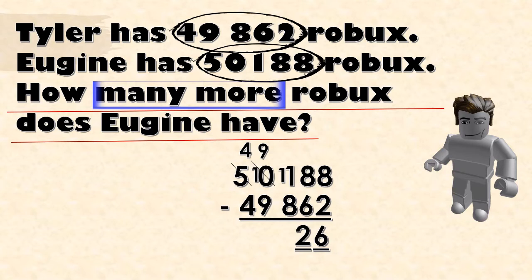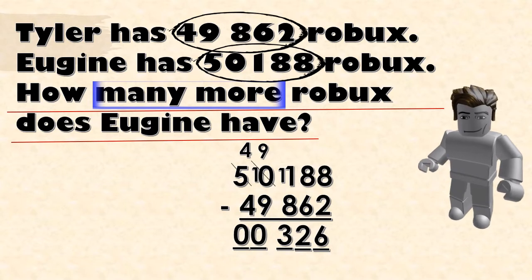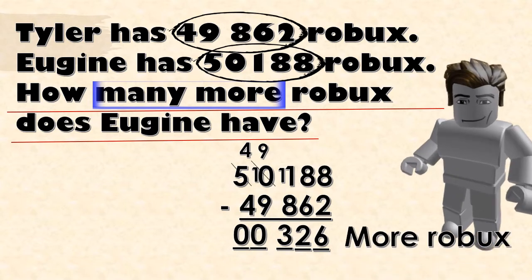You now have 11 hundreds. 800 from 1100 leaves 300. 9,000 from 9,000 is 0. 4 ten thousands from 4 ten thousands is 0. So we know now that Eugene has 326 more Robux than Tyler.